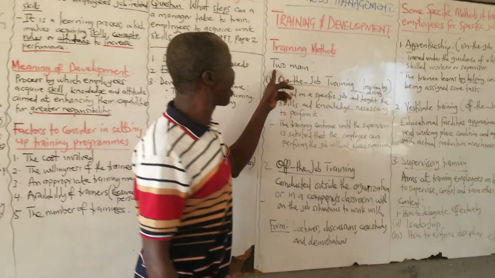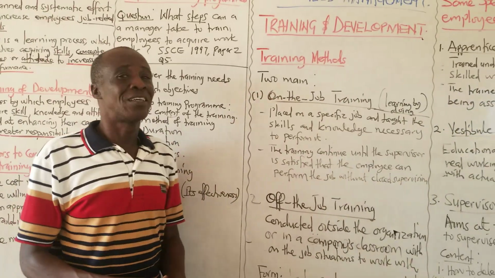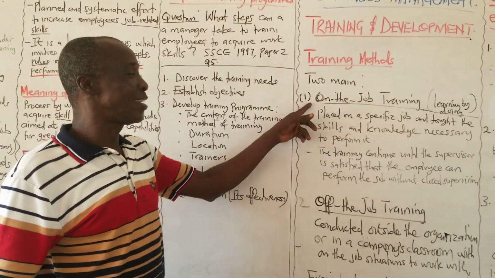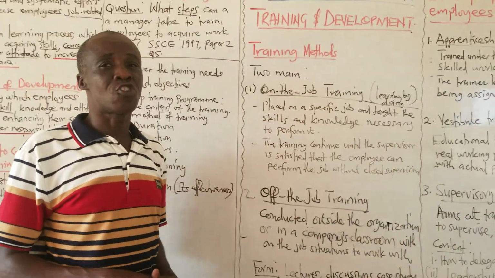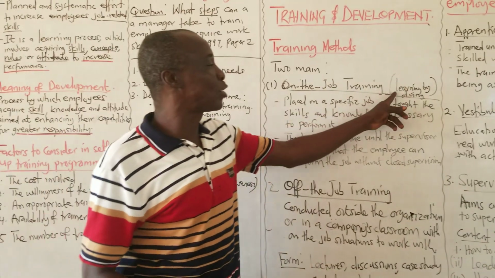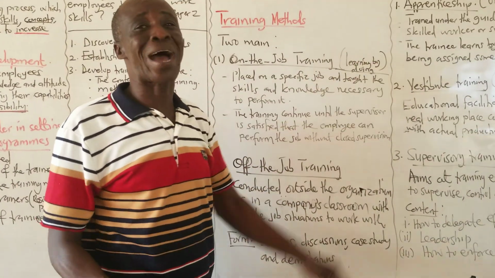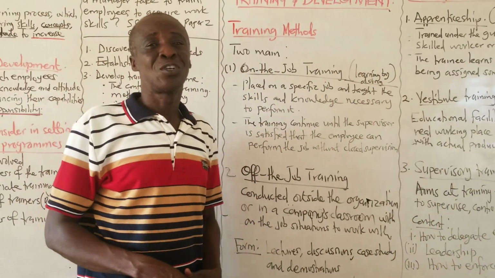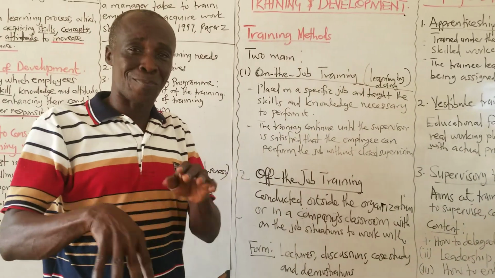So I said we have two main methods of training. That is on the job training, and I have put in brackets learning by doing on the job. So you acquire the skills by doing.